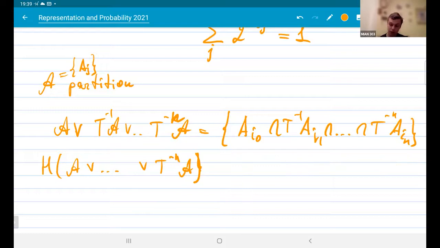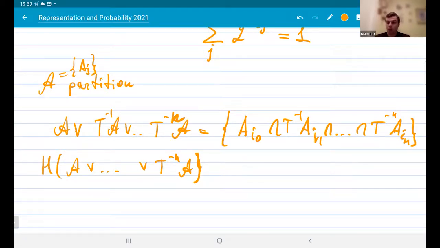Then this probability is just the product, so the entropy grows exponentially. It equals the entropy of the original partition to the power n+1.